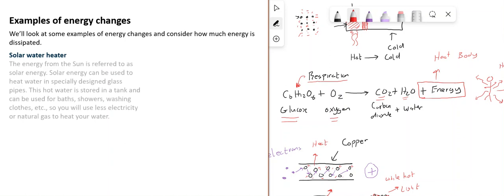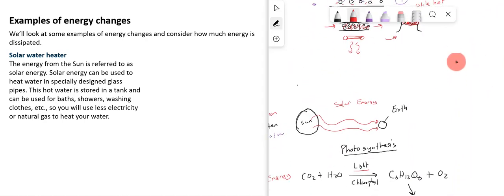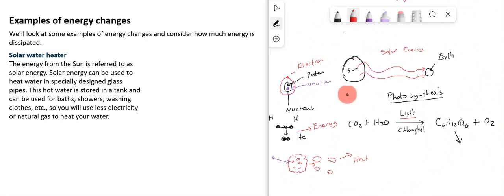So if we think about the example of solar water heaters, we'll go back down here to our energy from the sun. The sun is producing loads of energy through this process of nuclear fusion. That energy is traveling across space and it's traveling to the Earth.